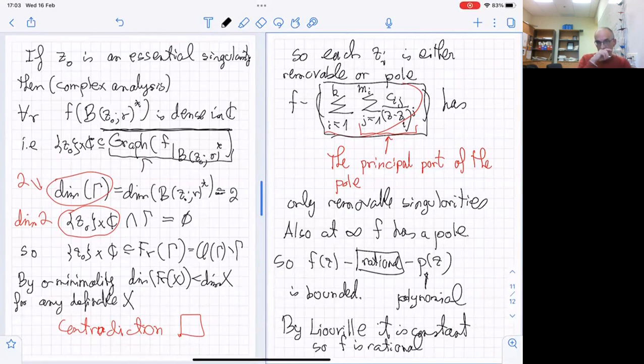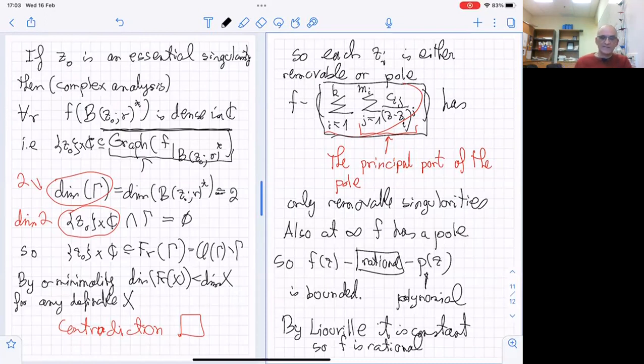All right, let's go back for a second and see what it is that we used from complex analysis. First of all, we use the notion of a holomorphic function, which we don't know what it means in general when we don't work over C. We use the fact that points are either removable or singular, or whatever essential means.